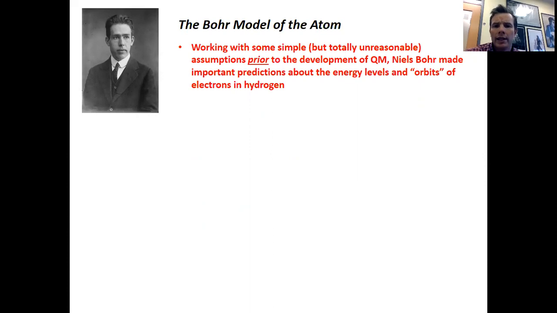And what he ended up doing was making some simple but totally unreasonable approximations. And with those approximations, he was able to derive some results which are still meaningful and that we're still going to talk about. So I show it because A, you want to know about these results, and B, I think it's a nice example of how you can start to think about a problem.